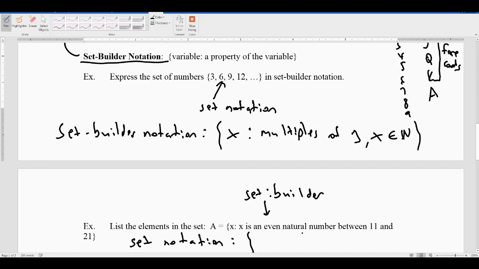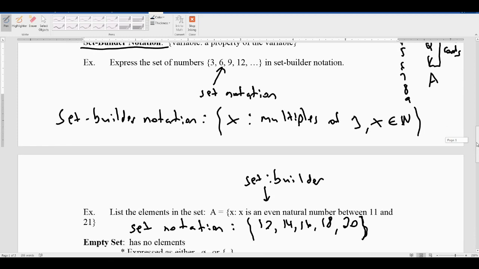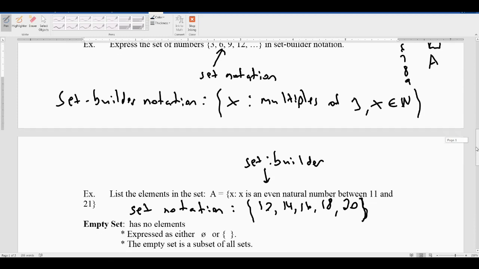An even, you count by twos, a natural number between 11 and 21. So it means we can't use 11 because that's odd. So we use 12. Then even numbers are 14, 16, 18, 20, 22. Well, I can't go to 22 because that's past 21. So we're done. These are meant to be braces, by the way. I'm not the best at drawing them. But that's what set notation is. You just list them individually.